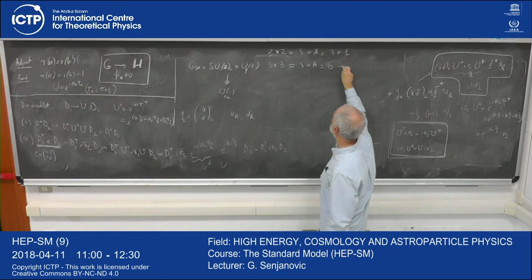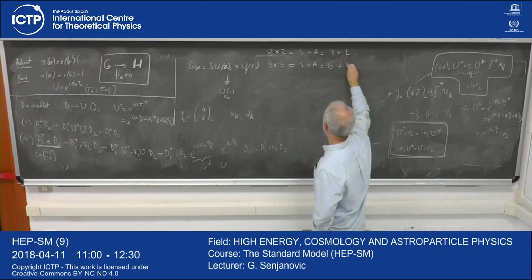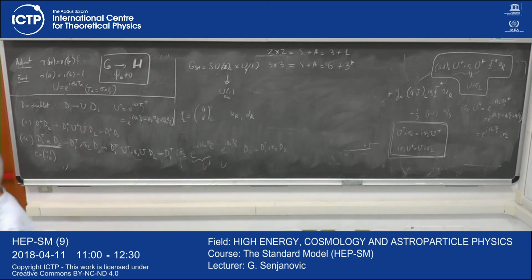Symmetric is 6. So anti-symmetric is actually 3 star. It turns out you have to distinguish in SU3, 3 and 3 star. We'll find these situations. I'll talk to you about it.